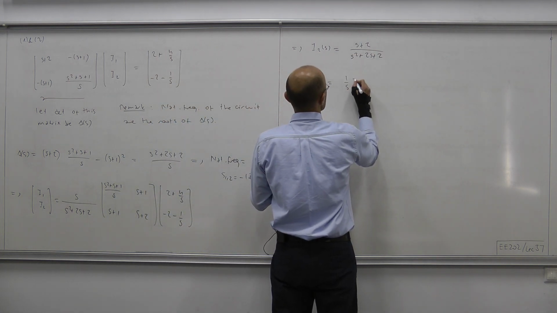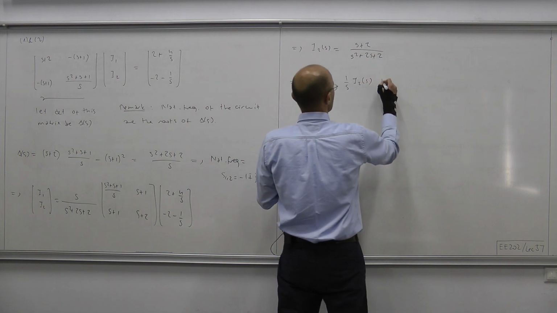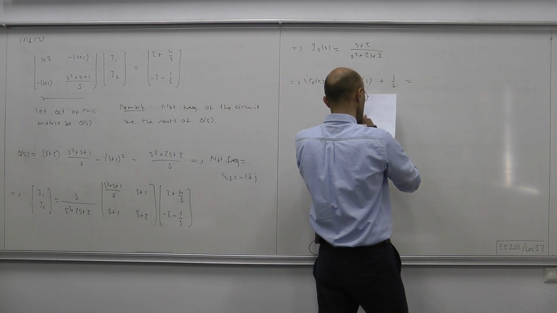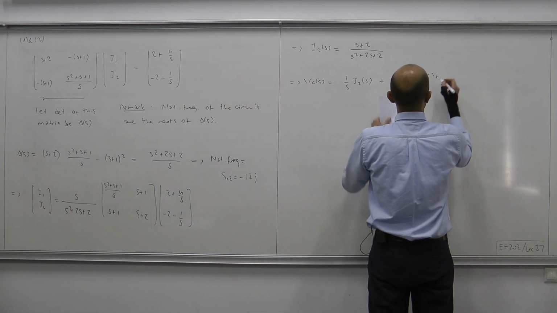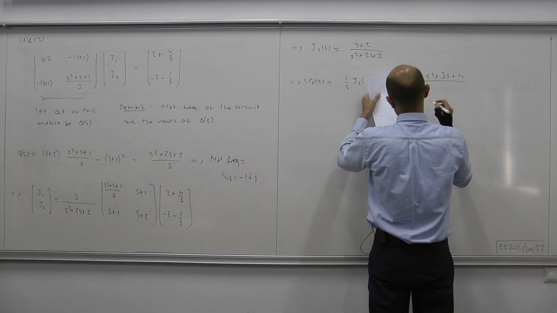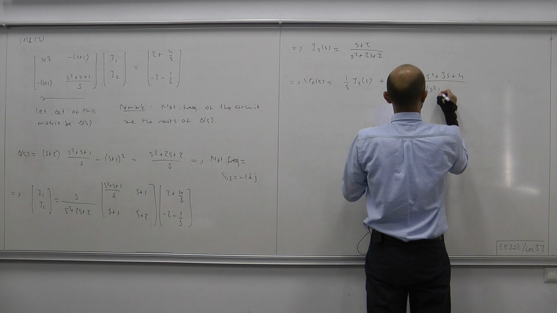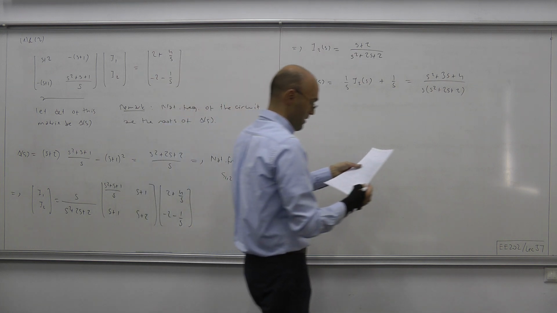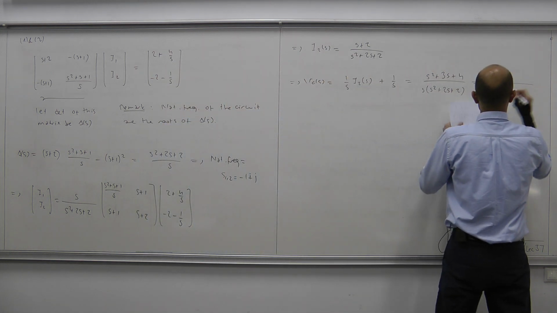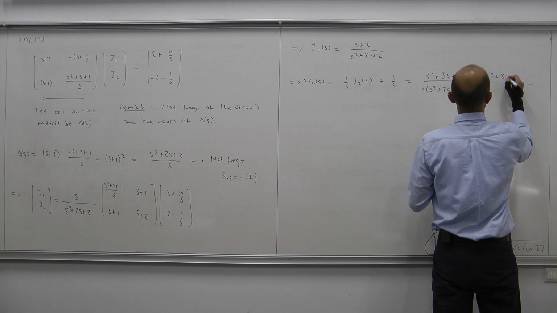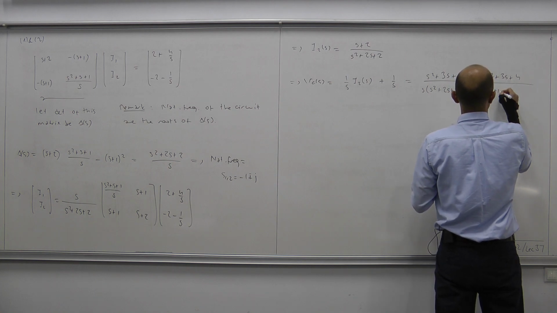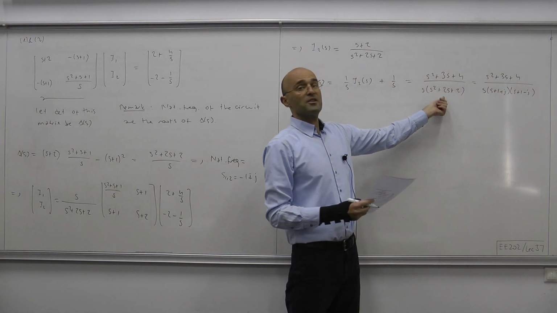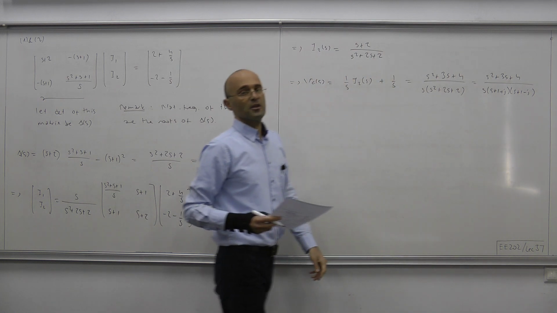So that means 1 over S times I2 of S, plus the voltage 1 over S. And that equals S squared plus 3S plus 4 over S times S squared plus 2S plus 2. And that can be written as S squared plus 3S plus 4 over S times (S plus 1 plus j) times (S plus 1 minus j), because the roots of this polynomial are at minus 1 plus or minus j.